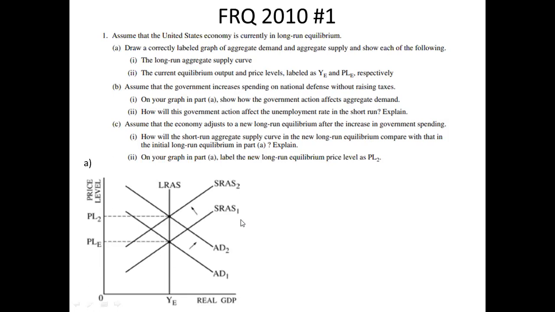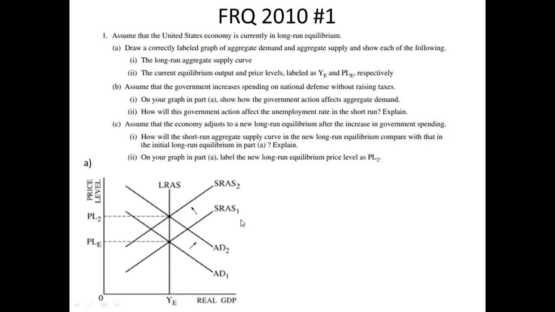It means that our short-run aggregate supply and our aggregate demand are going to intersect on our long-run aggregate supply, which is YE. This could also be YF, but they specifically ask us to label it YE. If our equilibrium was over here, then you would label that YF and put YE over here. All right, and then where they intersect, we're going to have PLE.